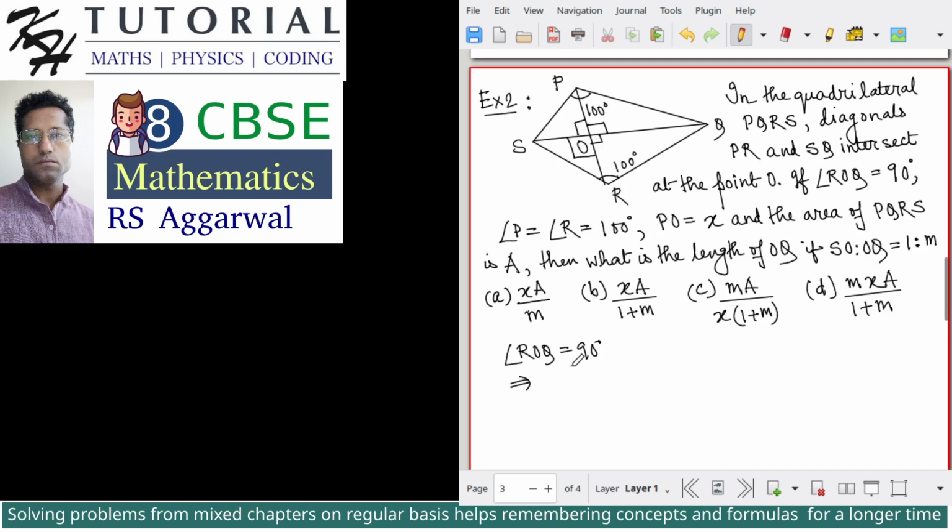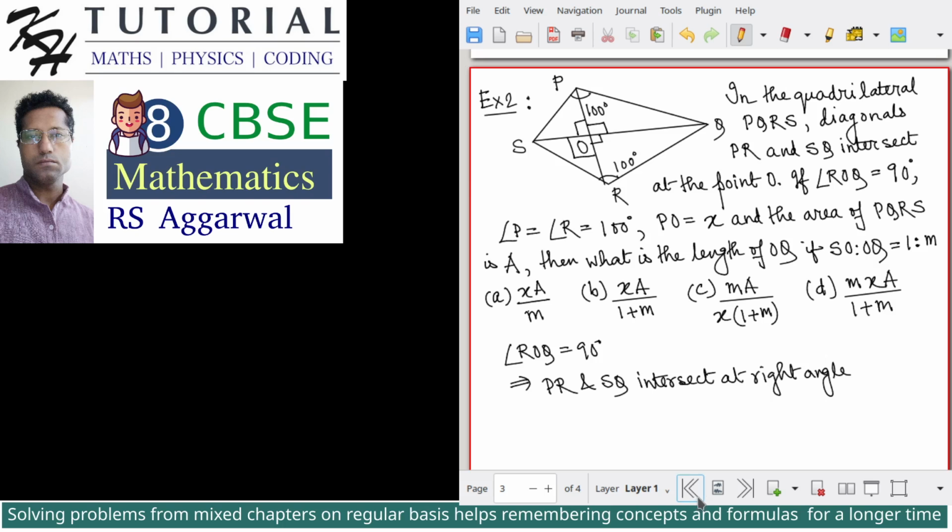So we can say that PR and SQ intersect at right angles. They are not bisecting. Remember, they are only intersecting at right angles.